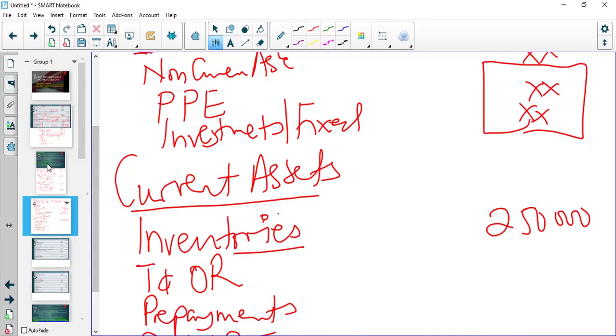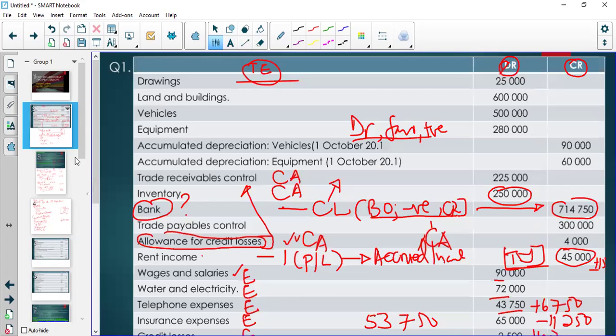Then my trade and other receivables. So I started out with trade receivables of 225,000. Remember that I have to subtract a new allowance of 5,000. We always subtract the total of the allowance, not the movement.